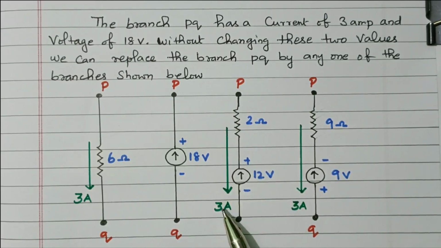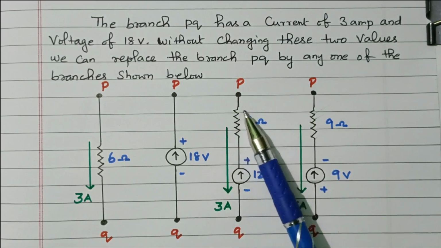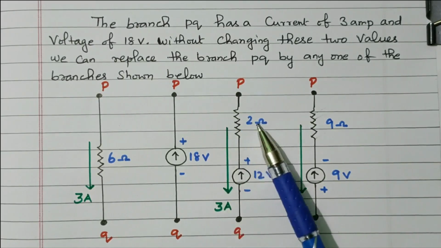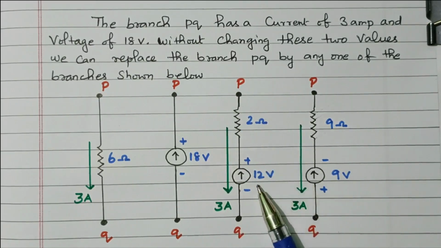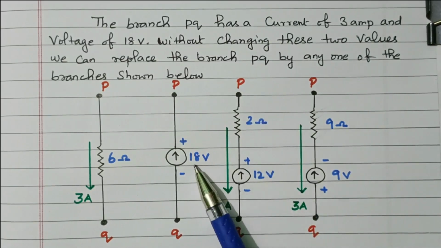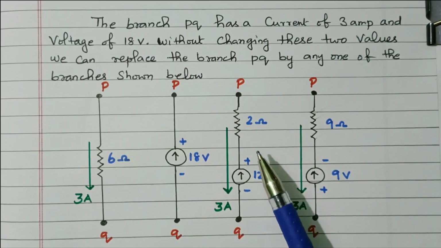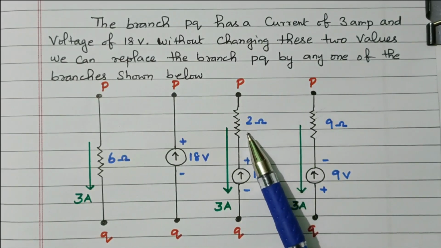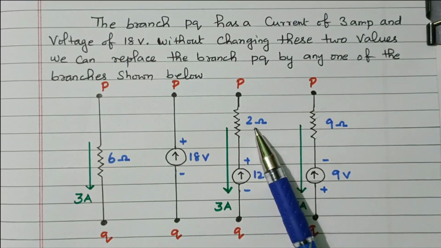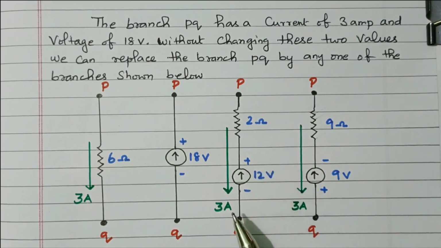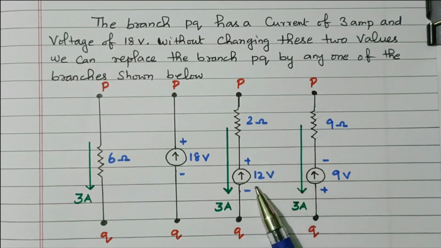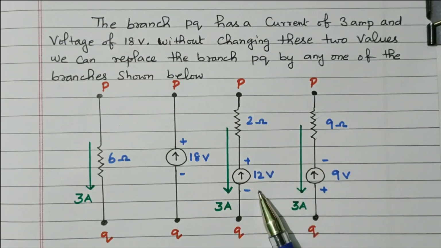The voltage drop across the 2 ohm resistor is 3 into 2, 6 volts, and 6 plus 12 gives 18 volts, so we maintain the 18 volts. Here the 18 volt source is directly connected, while here a 12 volt source is connected with one 2 ohm resistor. The voltage drop across the 2 ohm resistor is 2 into 3, 6, so 6 plus 12, totally 18 volts.